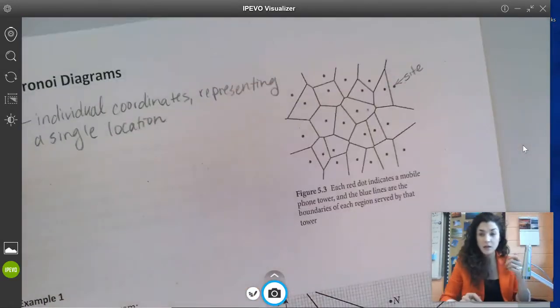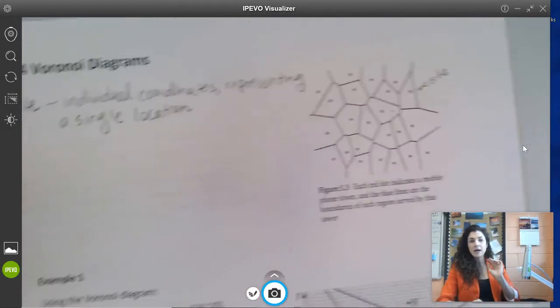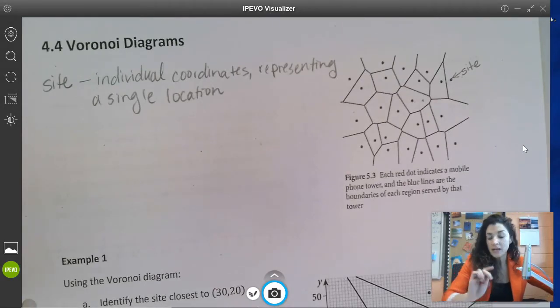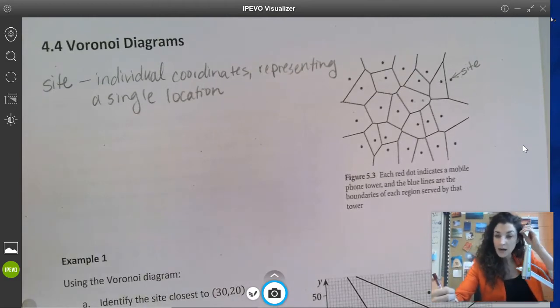So they could be restaurants, they could be airports, they could be water fountains, they could be anything, right? And so they're representing an individual thing on a map.